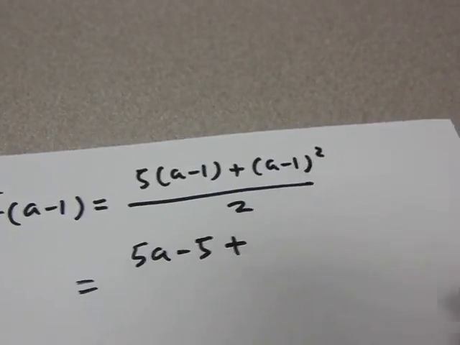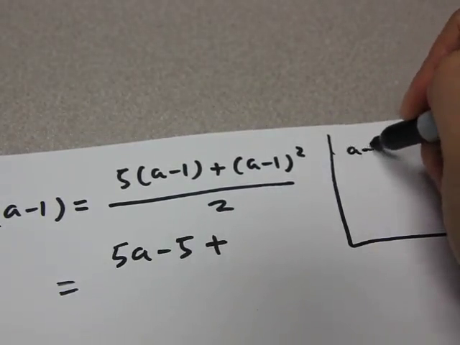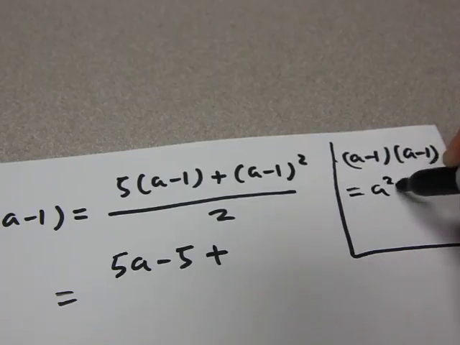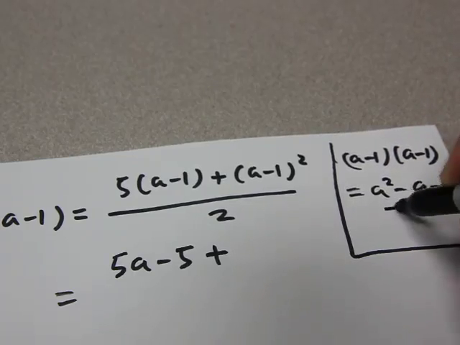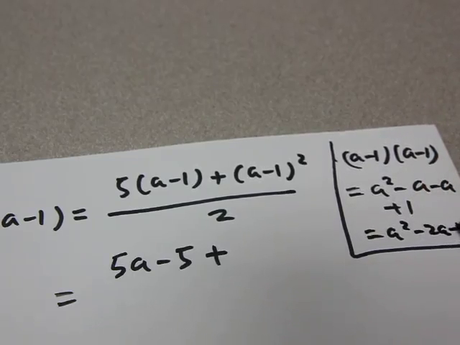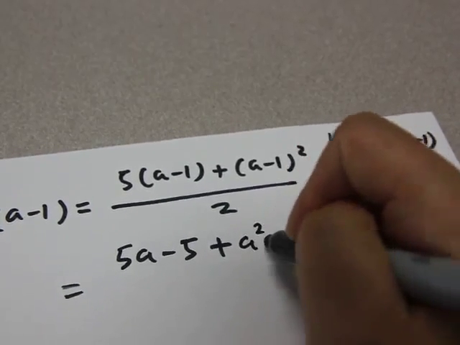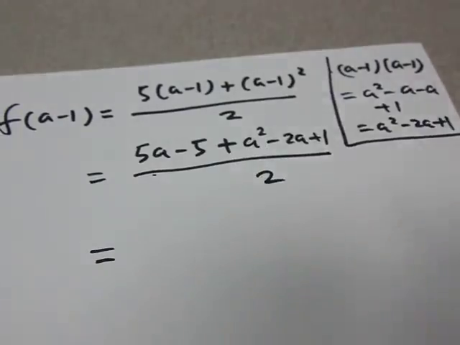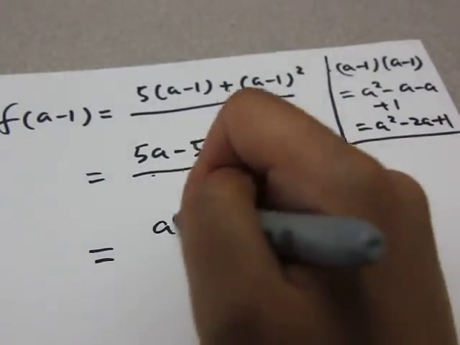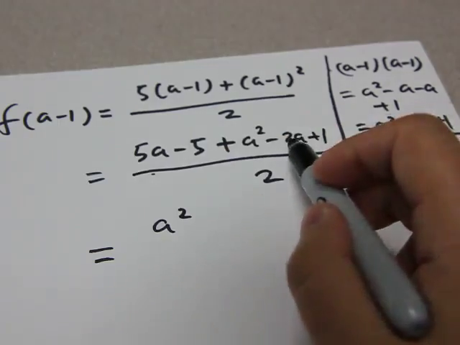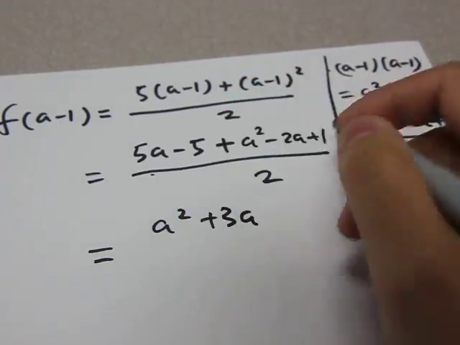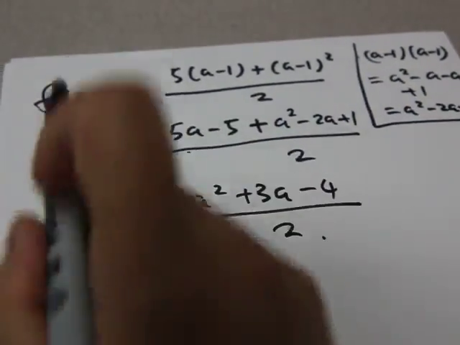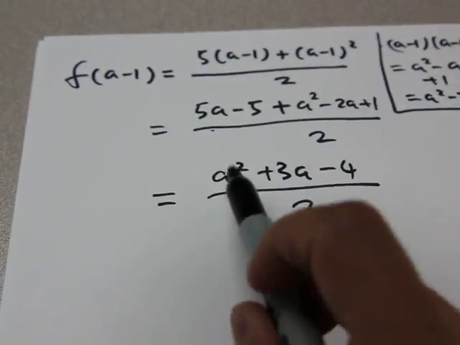Now (a minus 1) squared is equal to (a minus 1) times (a minus 1). So this is a squared minus a, minus a, plus 1. So it's a squared minus 2a plus 1. And then we combine the like terms. So we have a squared, and 5a minus 2a, and negative 5 plus 1. So f of a minus 1 is gonna be equal to this.